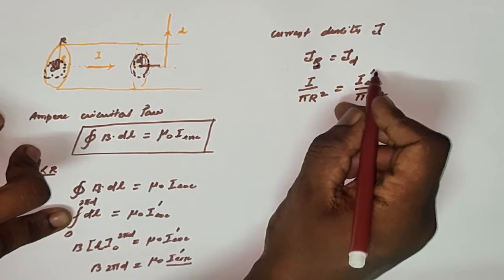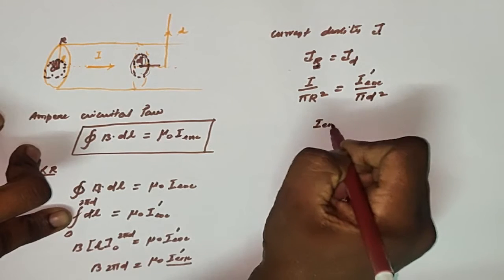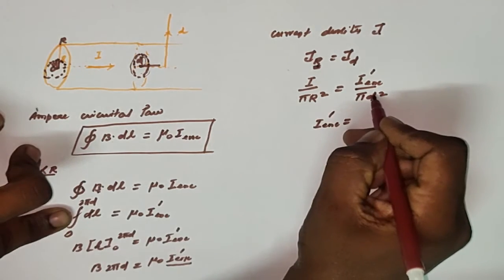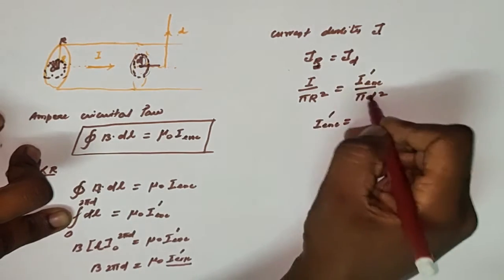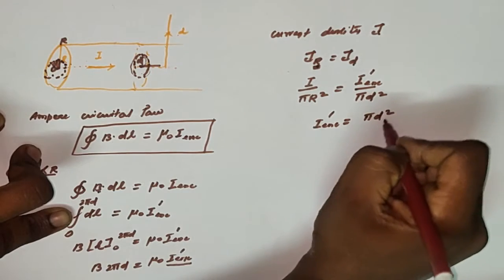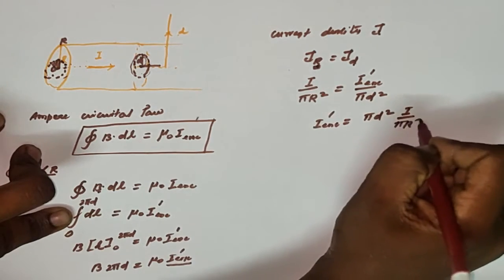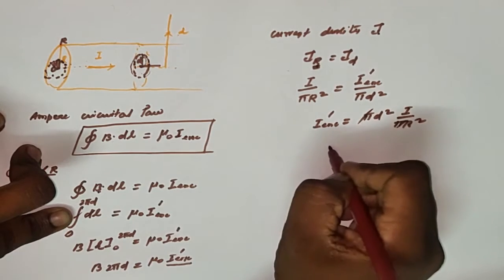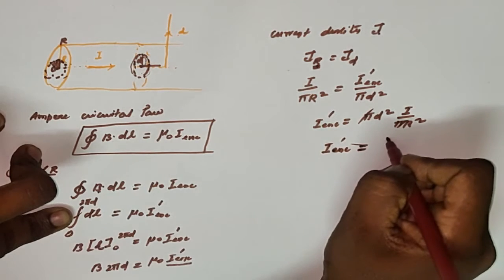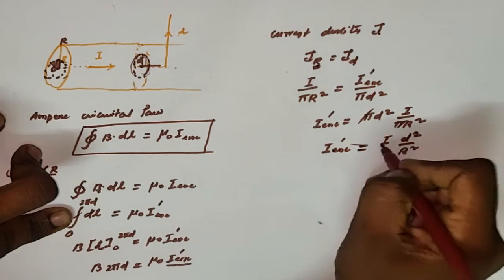We need the unknown current I enclosed prime within radius d, so keep that on one side. Pushing pi d squared to the other side, it goes to the numerator times I divided by pi R squared. Cancelling pi, I enclosed prime equals I d squared divided by R squared.